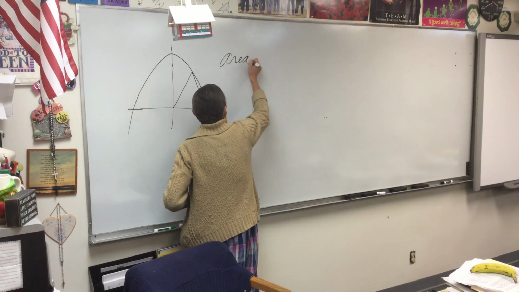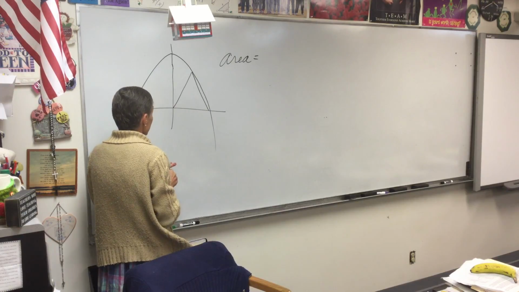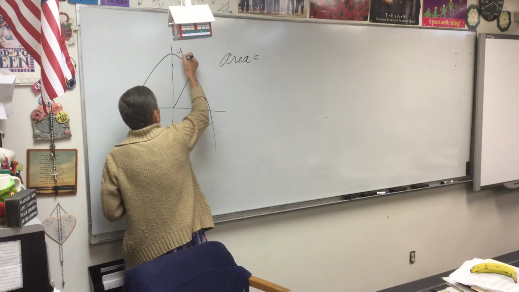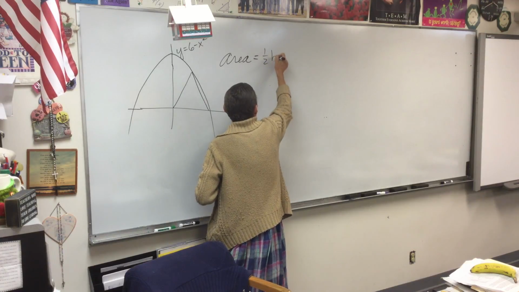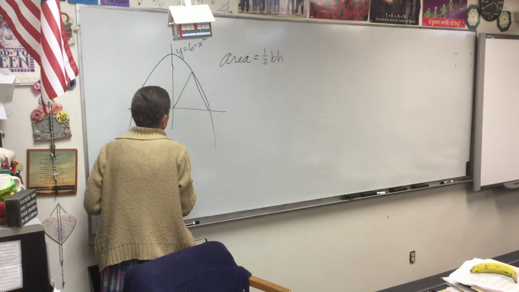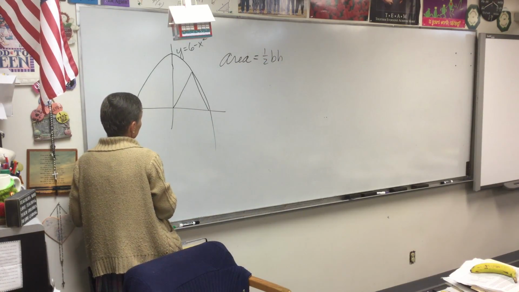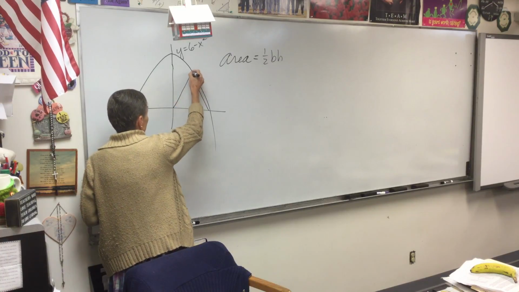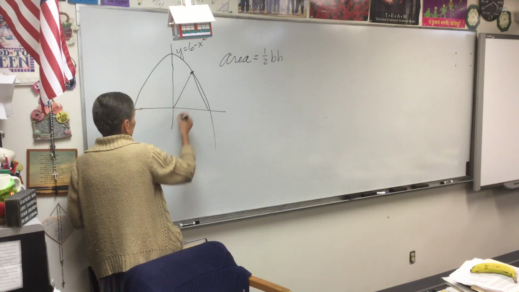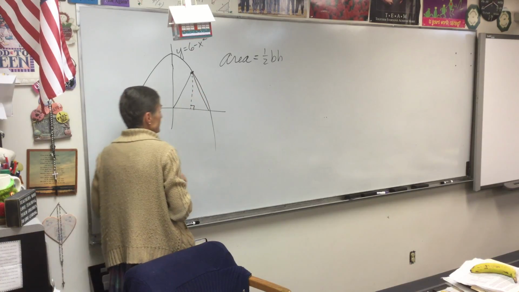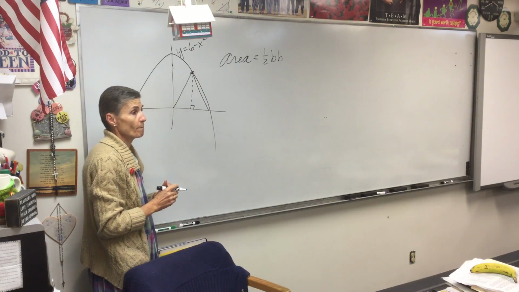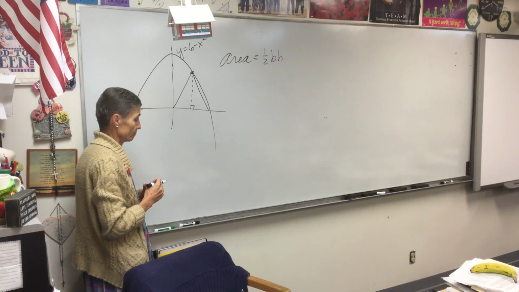Okay, so what's our formula for the area of a triangle? 1/2 base times height. Looking at this triangle, this is an isosceles triangle now, so I'm going to drop an altitude down. And what does that altitude do to the base of the triangle?